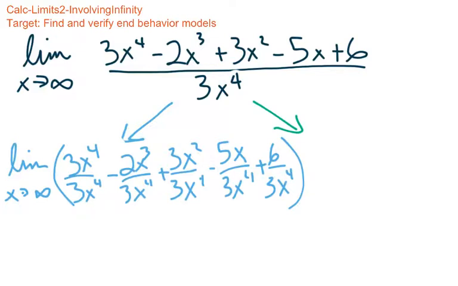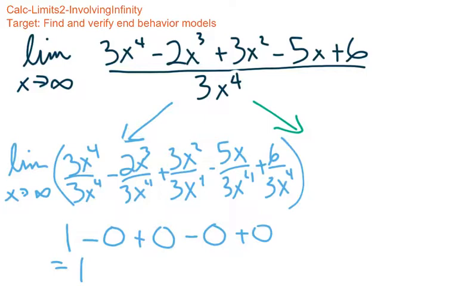So the limit as x goes to infinity of 3x to the fourth over 3x to the fourth is simply 1. The limit of that second one is 0. The third one, 0, 0, 0. So therefore the limit as x goes to infinity is 1.